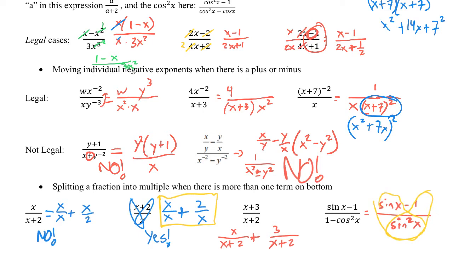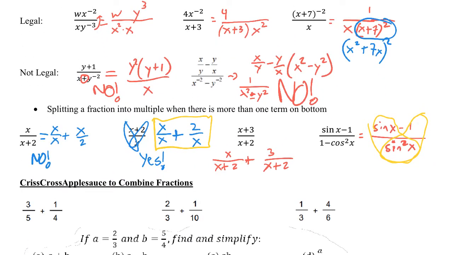And so if I split that up into two fractions, I think I need to move my paper up a little, that would then become sine over sine squared minus 1 over sine squared, which is also known as, sine over sine squared is 1 over sine, which also is called cosecant.